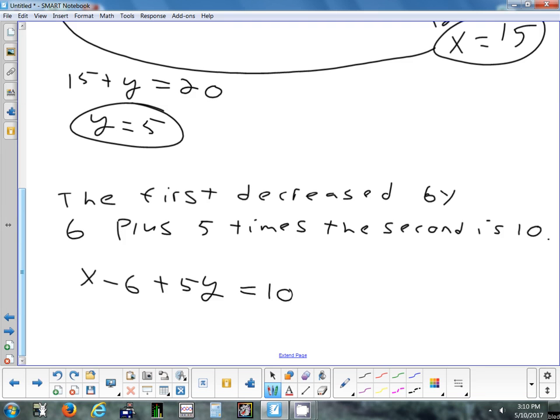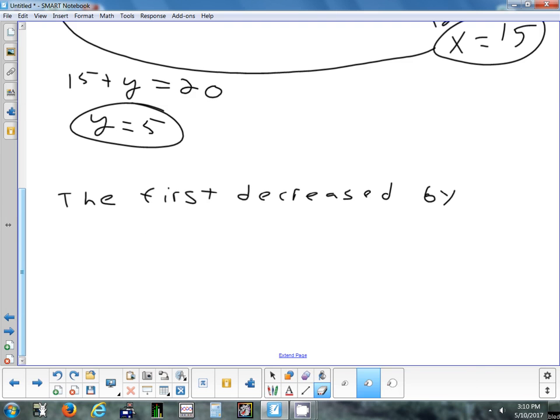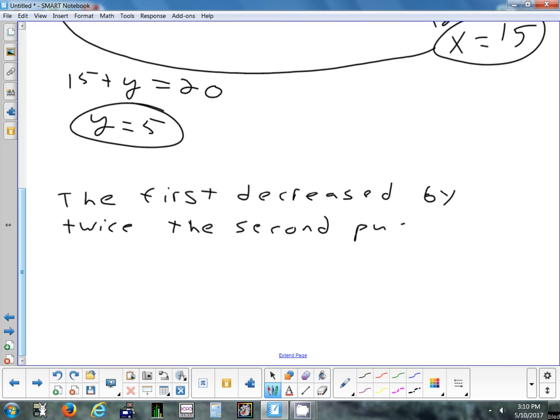Okay. What if they said, I'm just going to change it slightly. Let's say the first decreased by twice the second plus 4 times the third is 20.